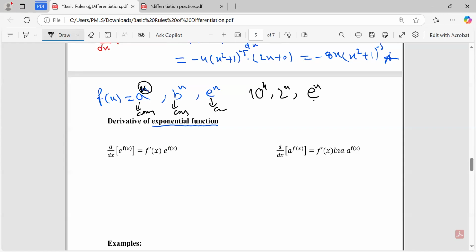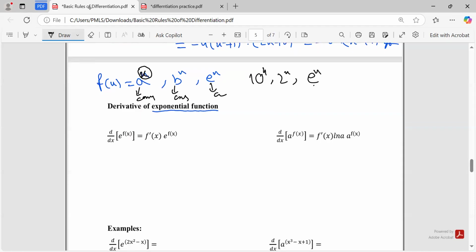So how will we find the derivative of this type of function? For this, it's a very simple rule. If you have an exponential function, e raised to power f of x, then take the derivative of the power and multiply by the function as it is.